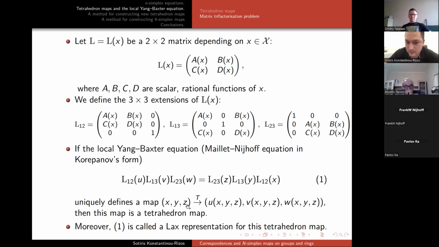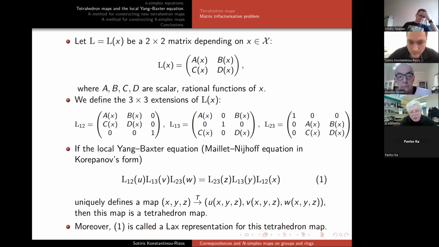This map is always a tetrahedron map if this is a unique solution. However, there's no proof for this statement. You always need to check, but there's no counterexample. I will show you later some supplementary relations that must be satisfied in order for this map to be a tetrahedron map.